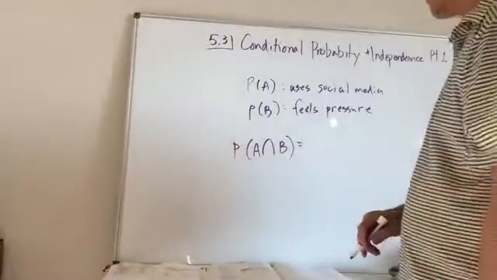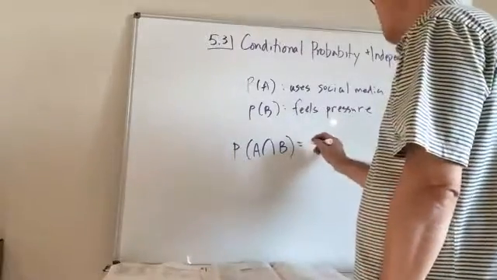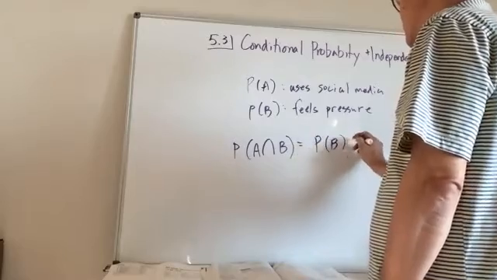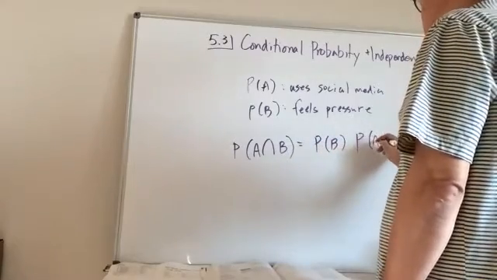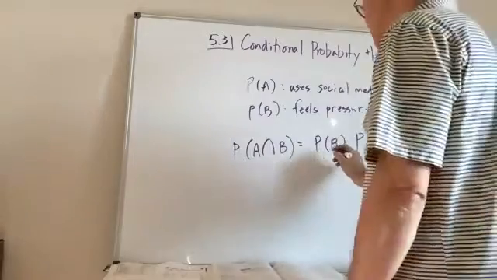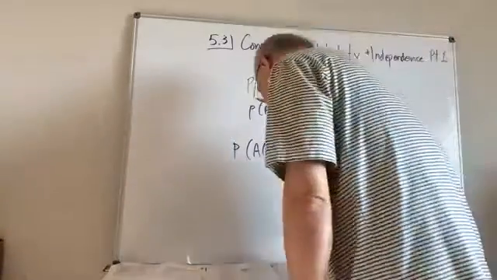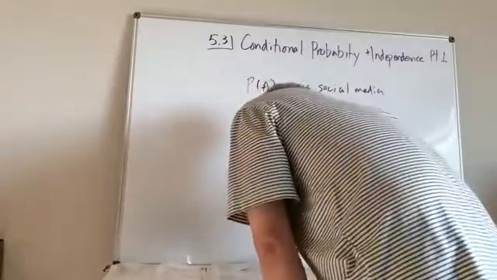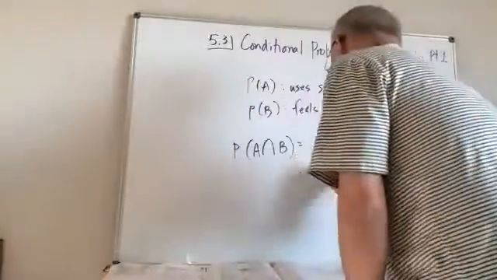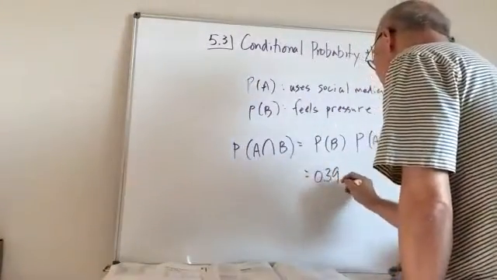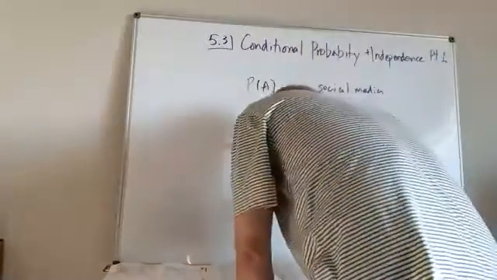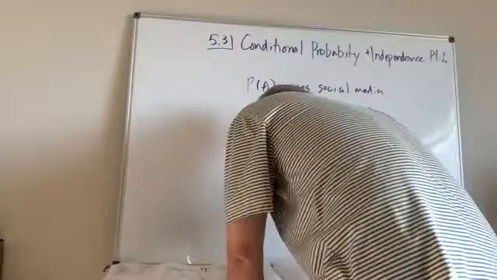This would be the same as P of A times P of B given A. Feels pressure was 39%, so this is 39%, and uses social media is 79%.